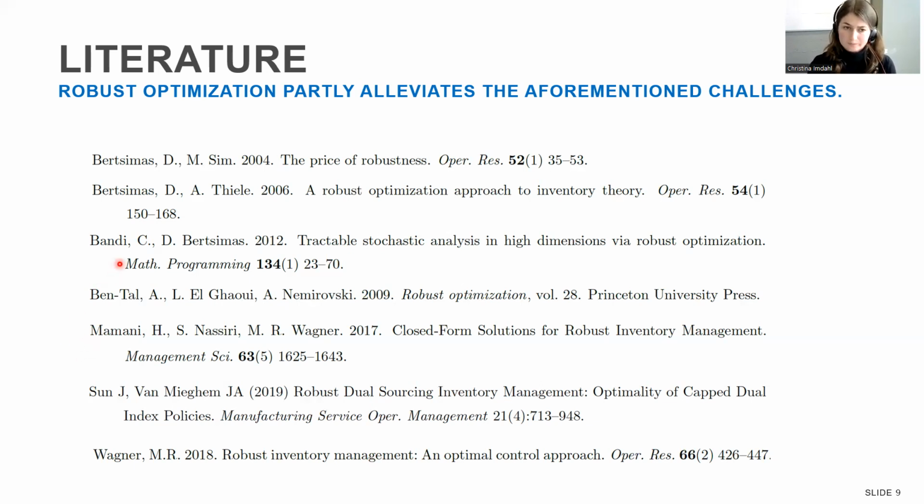For that, they use the CLT, so the central limit theorem formulation of the uncertainty set that has been developed by Bandi and Bertsimas. And we also employ the idea of the budget of uncertainty that has been introduced by Bertsimas and Sim in the Price of Robustness paper. So we build on some theory that has already been there and apply it to our setting.